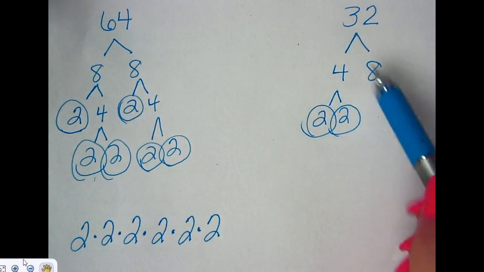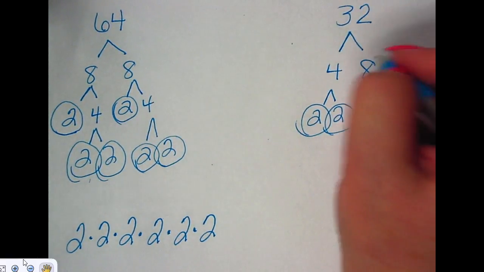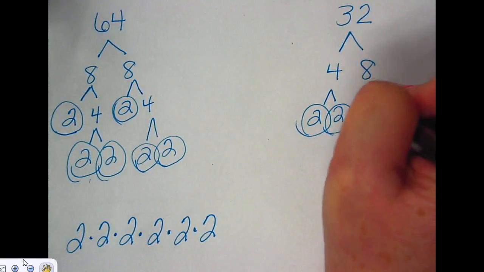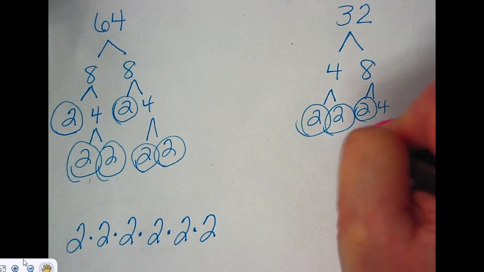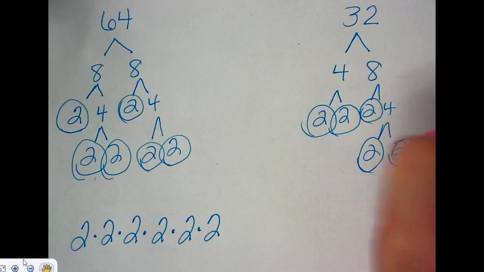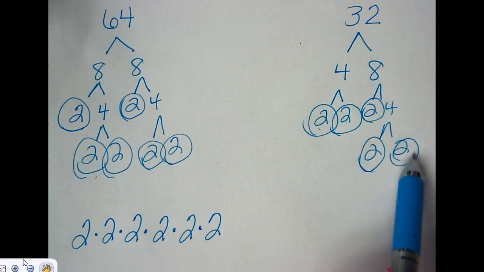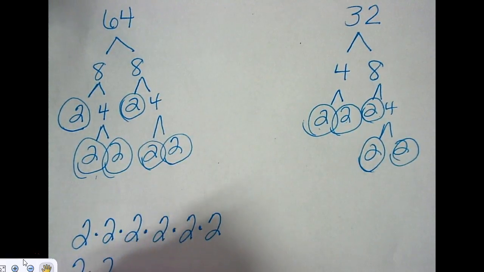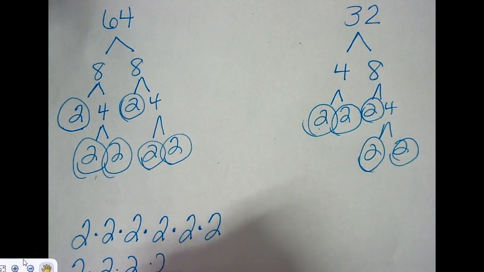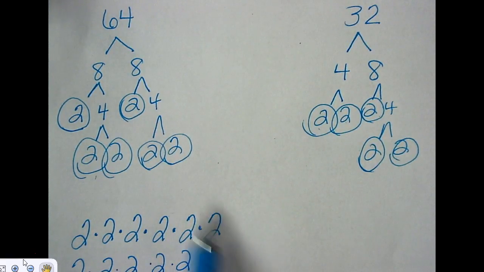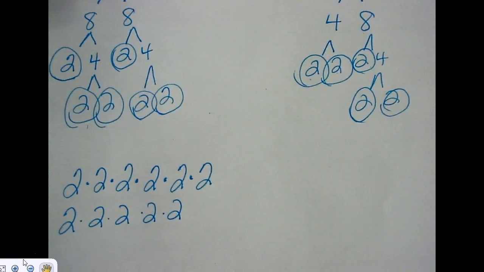And we've already done the prime factorization of 8 over here: 2 times 4 and 2 times 2. So the prime factorization of 32 is 1, 2, 3, 4, 5 2's. So that's 32, and then 32 times that 2 would be 64. So I see how those all relate.